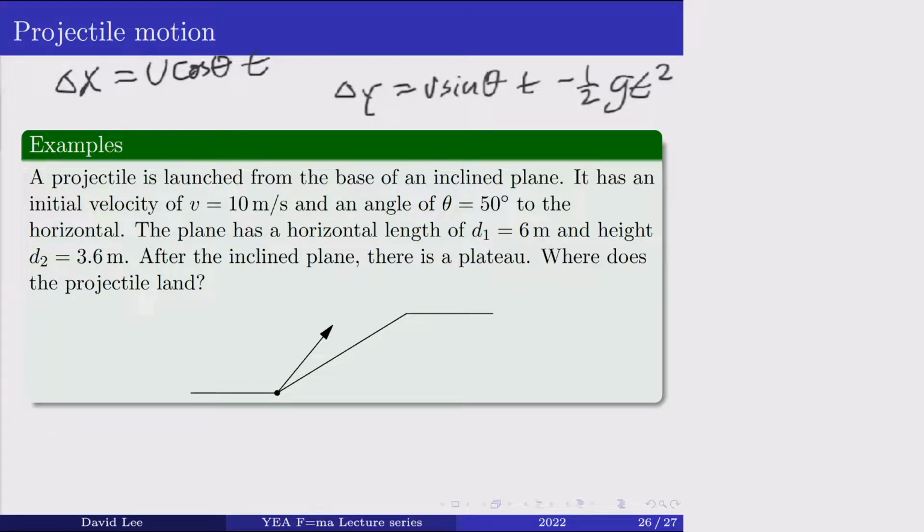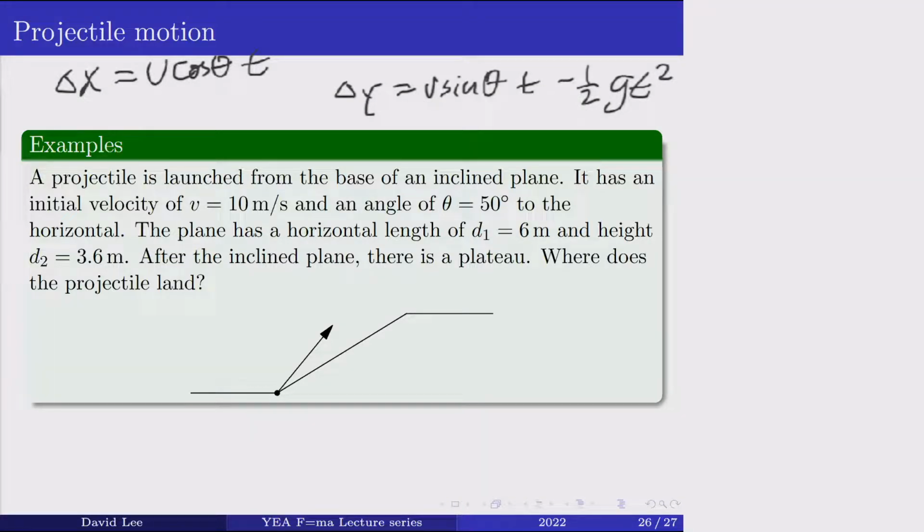Okay. So now tell me, what is the condition here? What's the third equation we can write so that we can solve our system of equations? The equation of the inclined plane.